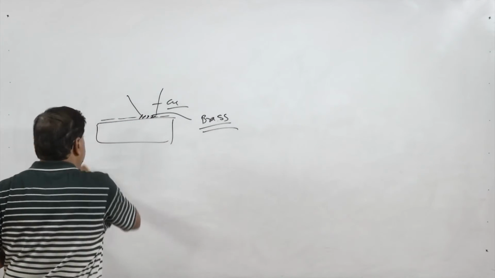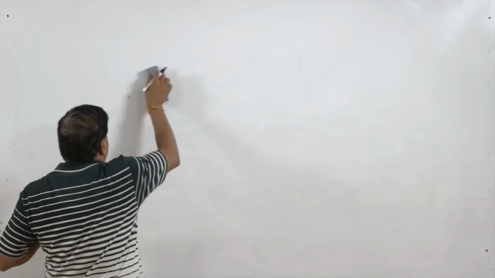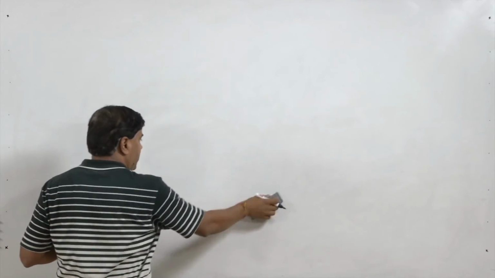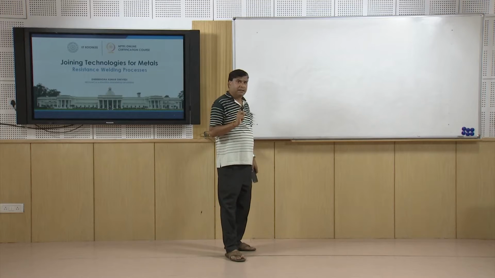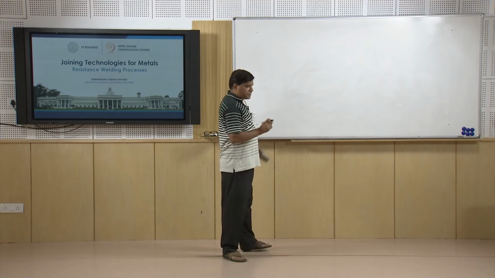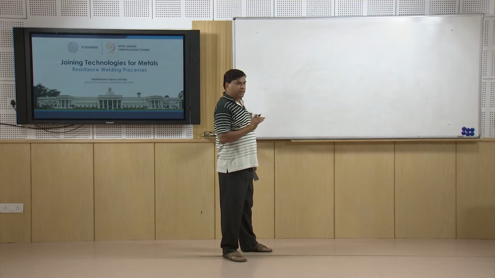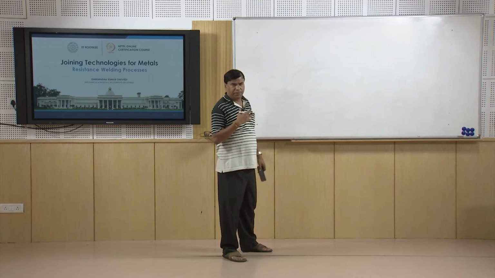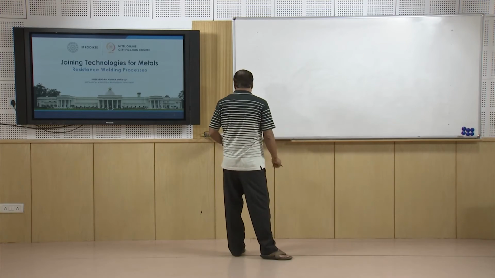So, there is a significant reduction in the number of spot welds which can be made in the case of zinc coated steel sheets, because the formation of brass at the electrode surface increases the wear rate, which in turn reduces the life of the electrode significantly.